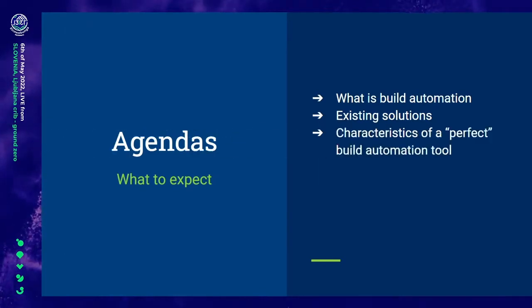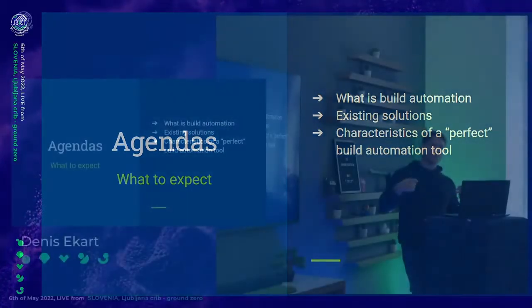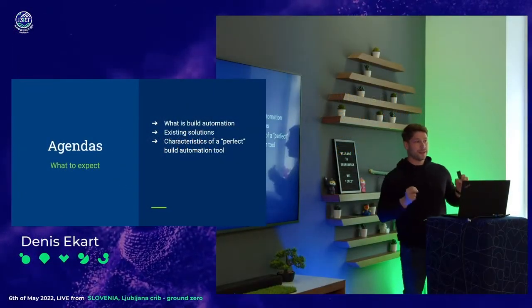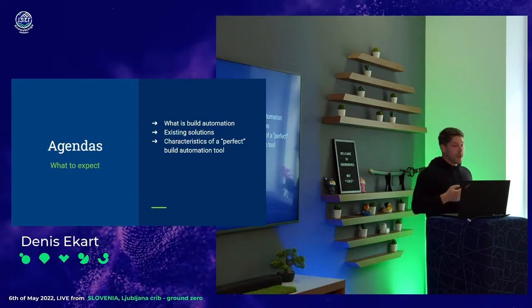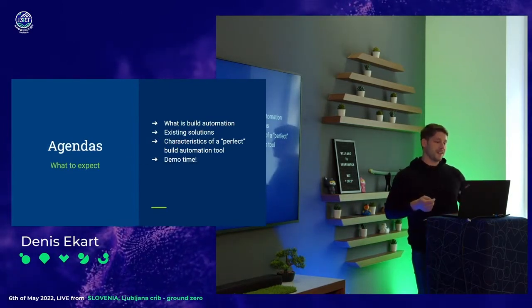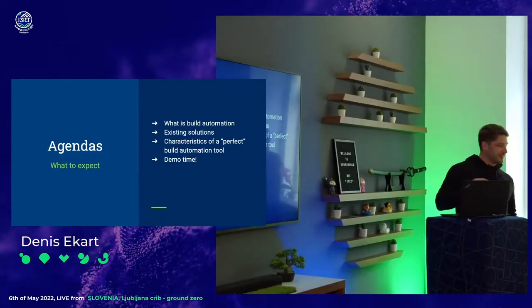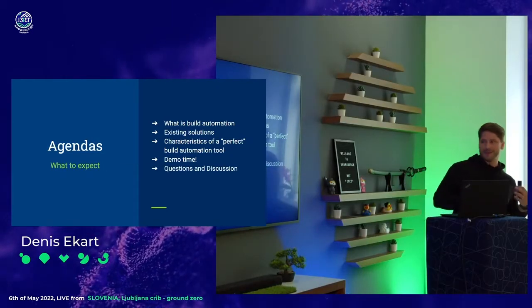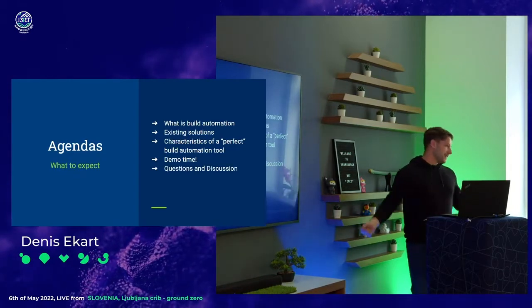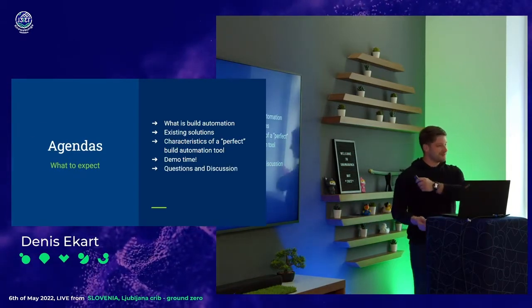When we have an idea of what is already out there, we're going to take a step back and figure out some of the characteristics of a quote-unquote perfect build automation tool. And then we're going to try to build one. If everything works out, at the end we are going to have a couple of minutes for questions and discussion. And if everyone's ready, let's just get to it.